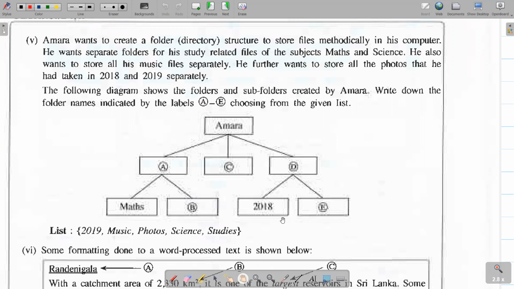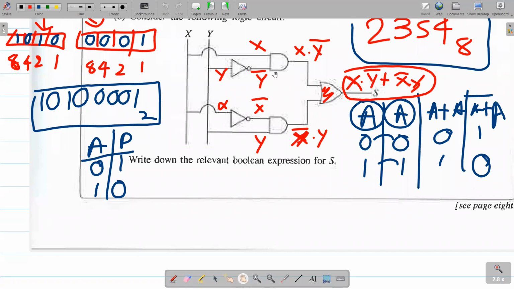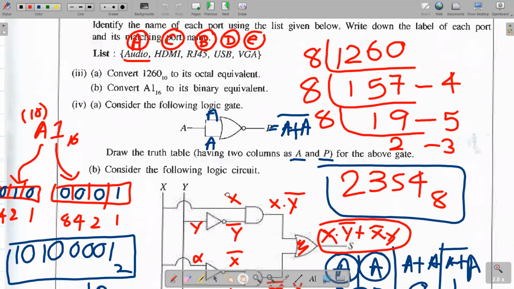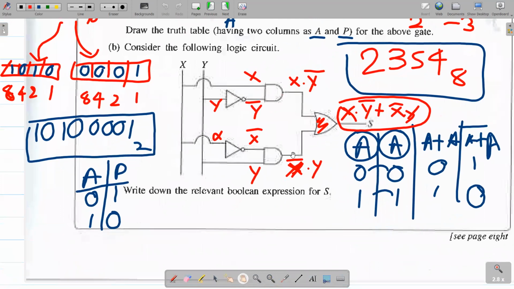The fourth one, B part. Hold on, let me see. Yes, in this calculation, what you're saying is having brackets like this, or having a big bracket? Okay, so yes, if you are having parentheses around X dot Y bar plus X bar dot Y, then no worries, nothing to be worried about.